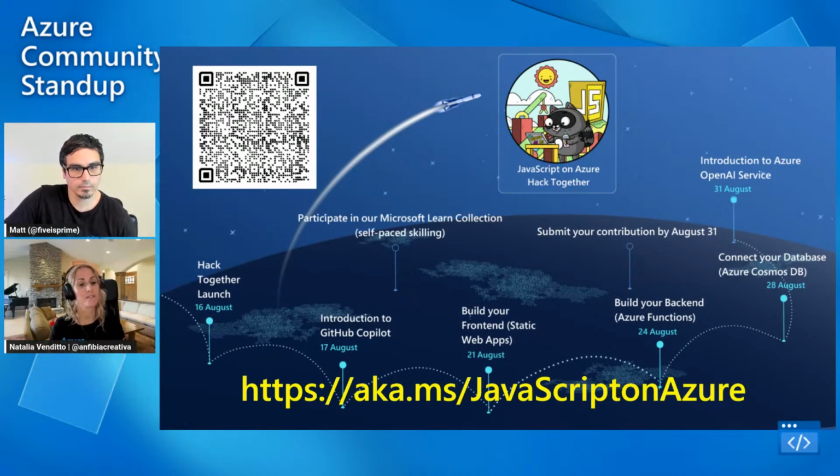There is a link to the hackathon, or you can also use the QR code to read the blog post that tells you all about the hackathon, how to participate, and what you get. You get a contributor's badge, and just have fun with us and with Static Web Apps as well.